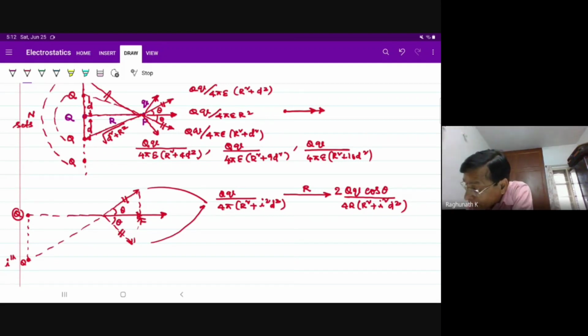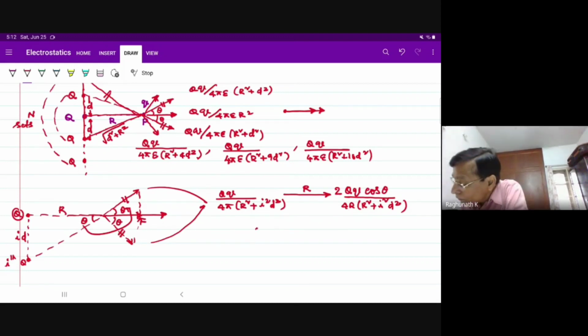Because theta is not given to you as the data. This is I times d. This is r. What is this theta? Same as this theta. What is cos theta?